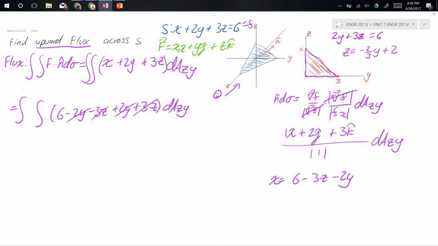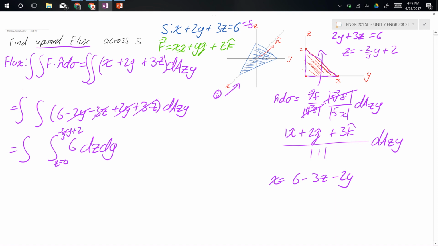Since our projection isn't anything where we need to use polar, we can just make this dz dy, and we'll solve for our limits. I'm using dz dy, so I have to shoot my arrow upward in the direction of the positive z-axis. So we go from z equals 0 to z equals negative 2/3 y plus 2.